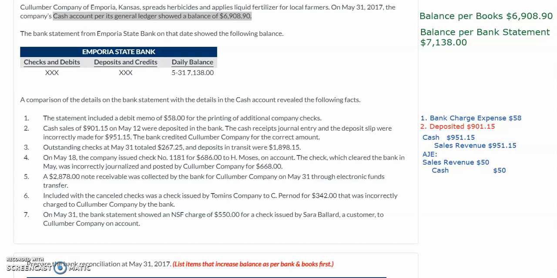So in part 1 of our reconciliation, we need to make sure that we add our deposits in transit, and you'll include the dollar amount, and you're going to subtract the outstanding checks, and that's going to be $267.